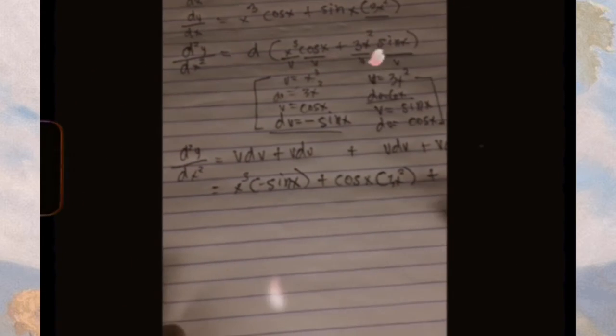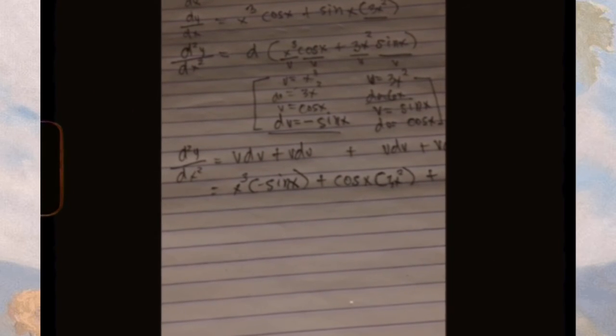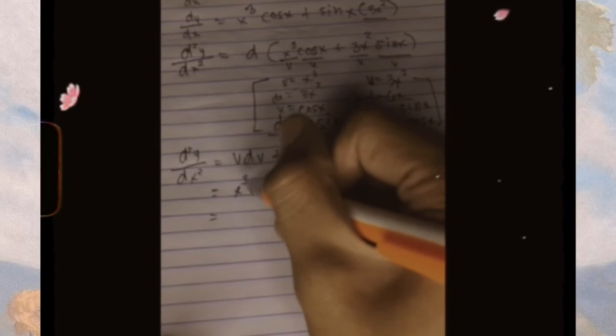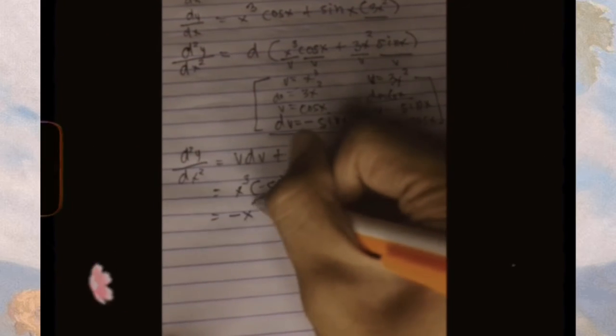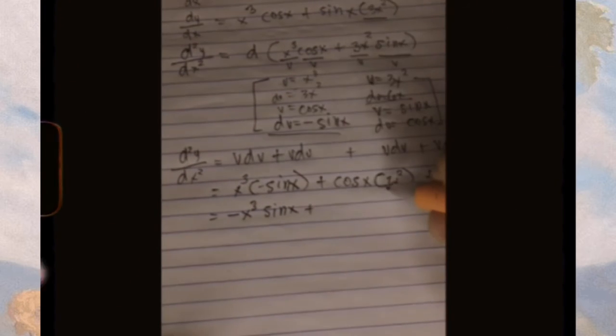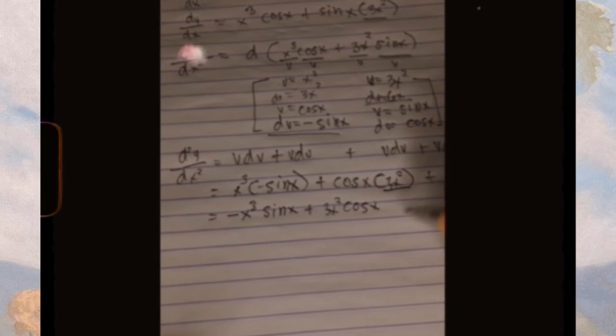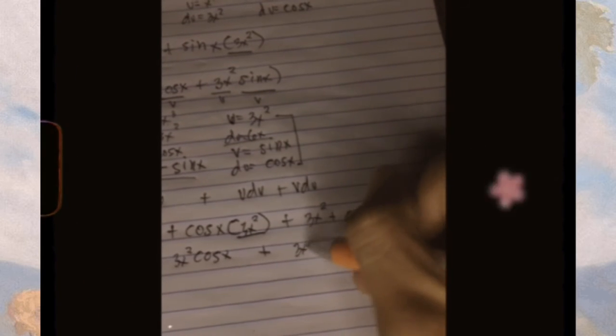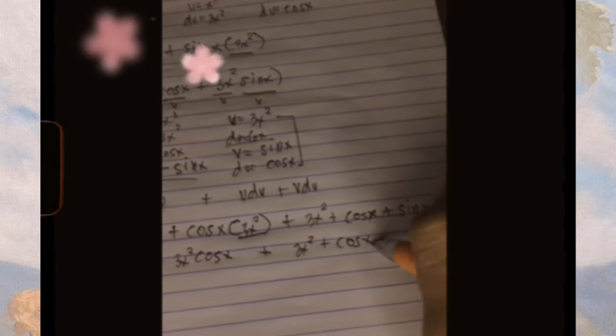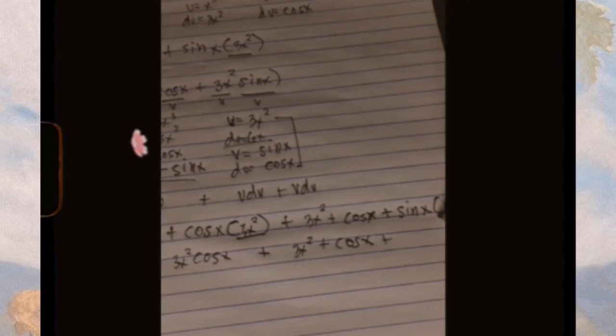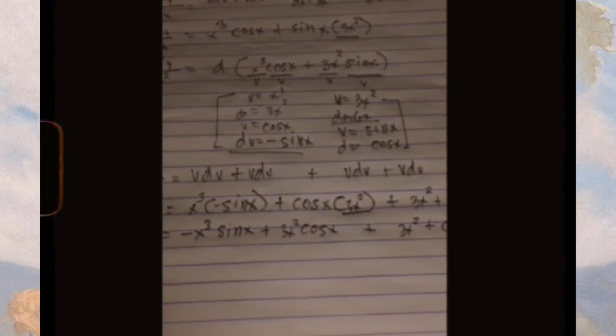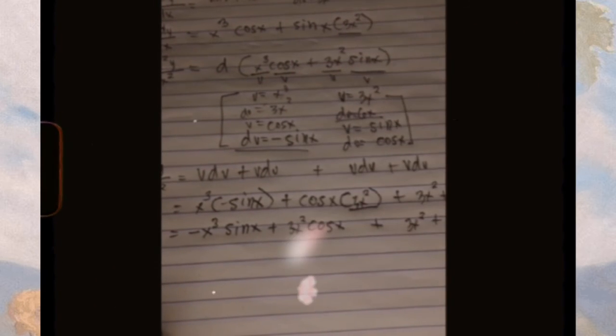Our next step here is to multiply our variables with the trigonometric functions. x cubed times negative sine x equals negative x cubed sine x, plus 3x cubed times cosine x, plus 3x squared cosine x, plus 6x sine x. So take note that we have common terms, x squared cosine x.